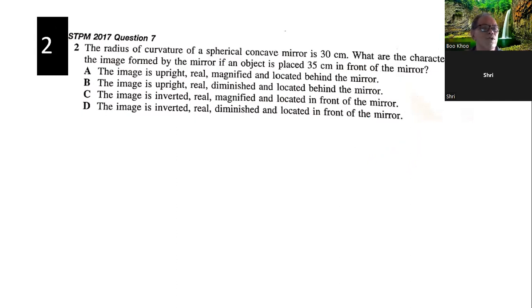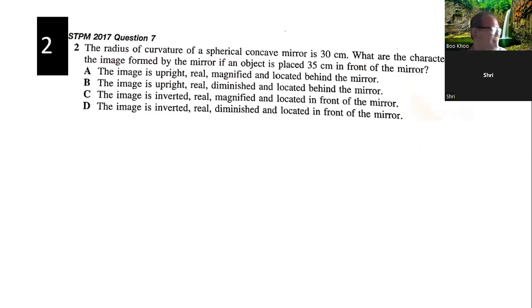How about number 2? Radius of curvature of the spherical concave mirror is 30 cm. What are the characteristics of the image formed by the mirror if an object is placed 30 cm in front of the mirror?